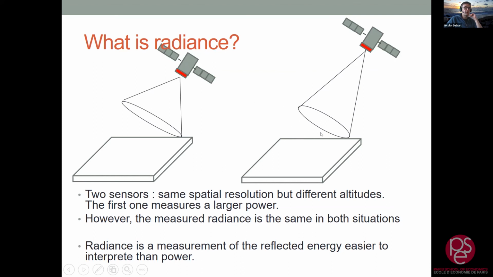So at the end, the radiance measured by the 2 sensors is exactly the same. So when we go to the measurement of the radiance, we have removed the effect of the optical aperture of the instrument, or even the size of the detector.